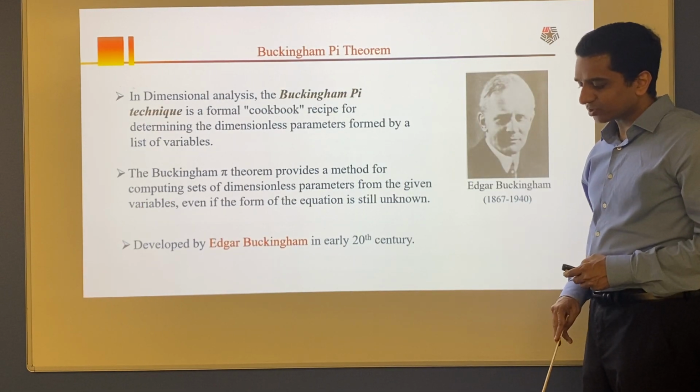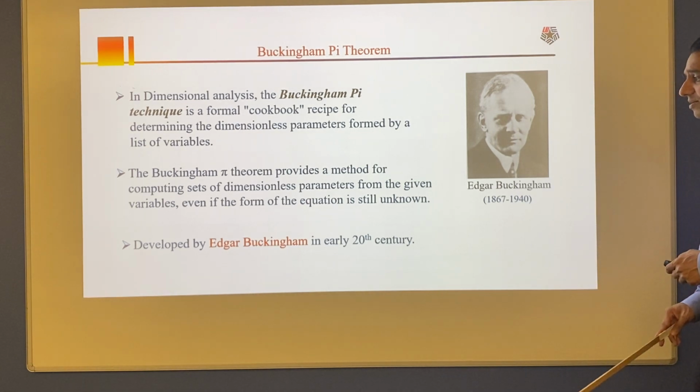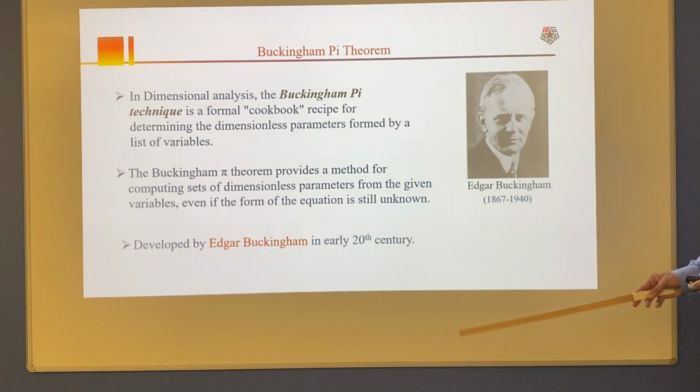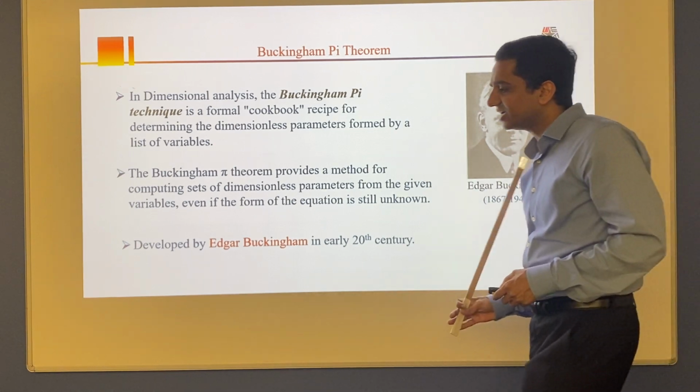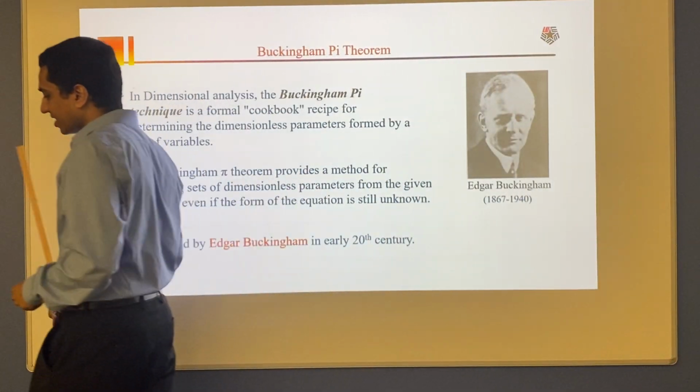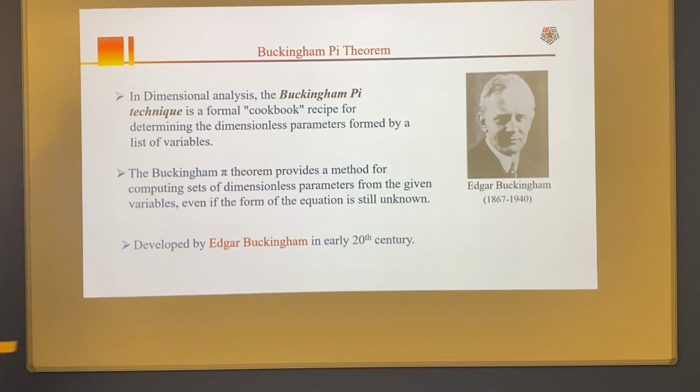So how does this process start? Sometime in 1908, early 20th century, there was a man named Edgar Buckingham, and he understood the problem. He was testing something, and then he realized that we need a scientific method to do this kind of testing, because in the future more and more people will do model testing.